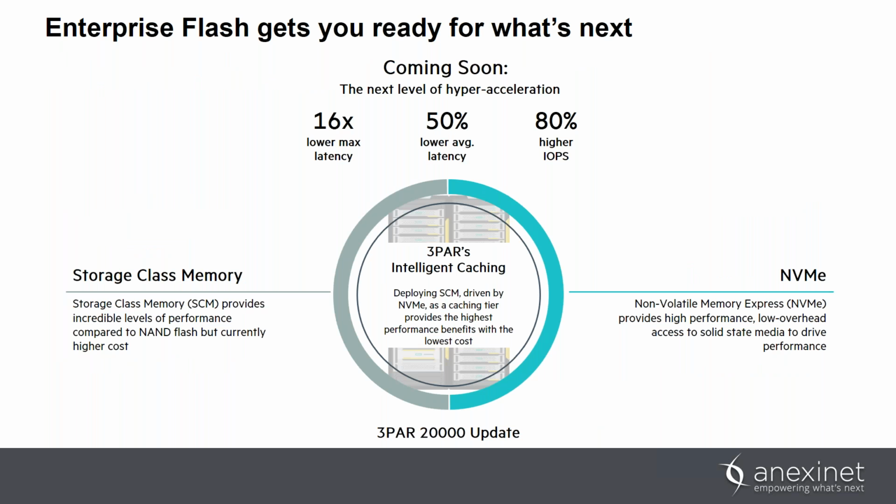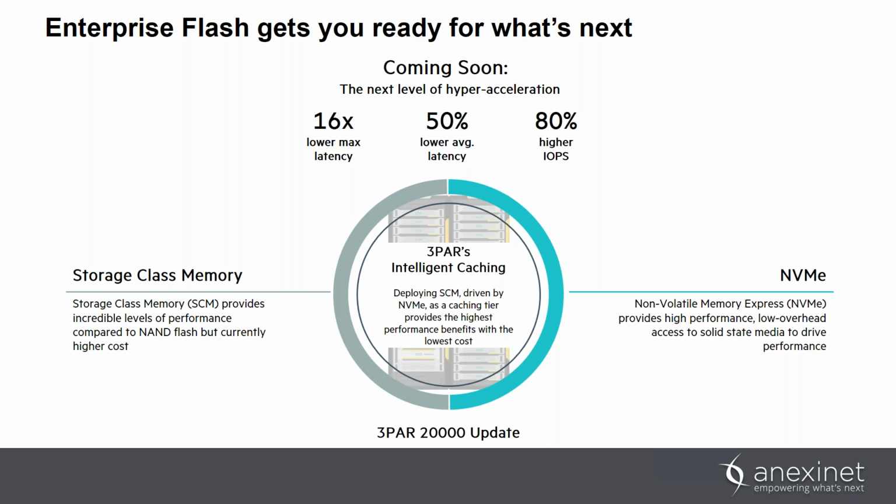This slide talks about, again, the SCM and NVMe capabilities. SCM being storage class memory, providing high levels of performance compared to NAND flash, but currently at a bit of a higher cost. This is supported by NVMe, which is non-volatile memory express, providing again high performance, low overhead, and access to solid state media at drive level performance. The major takeaway here is that the 20K series update is now supporting SCM and NVMe going forward.